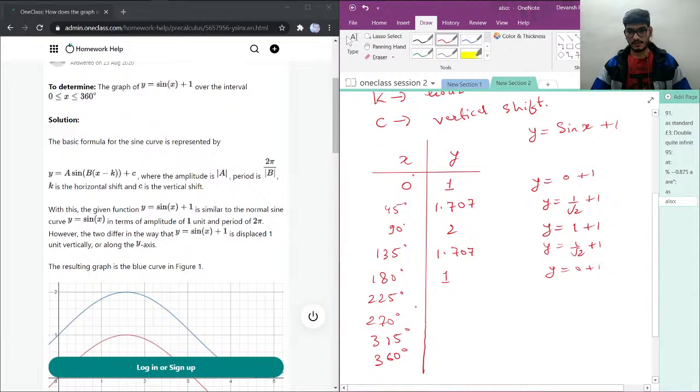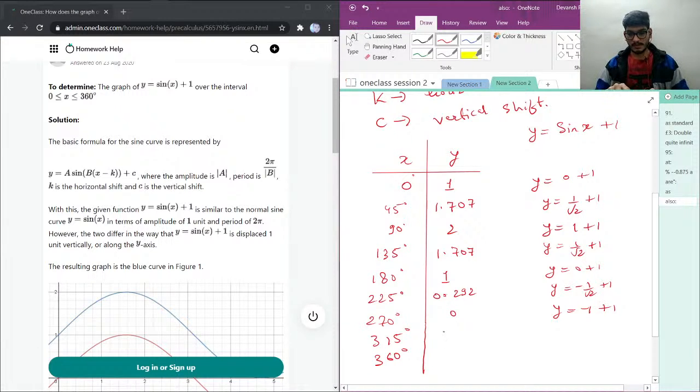Then for 225, sine of 225 is negative 1 over root 2, plus 1, so this will be 0.292. For 270, sine of 270 is negative 1, plus 1, so this will be 0.